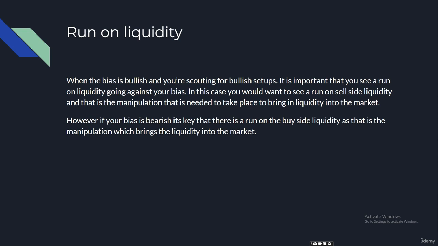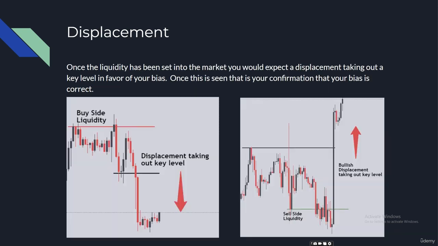That's where the traders will get trapped short, but we know that price is going higher. Once the trap has been set, we can expect price to trade according to the bias. And obviously it's opposite: if your bias is bearish, it's key to make sure there's a run on the buy side liquidity, as that's the manipulation which brings the liquidity into the marketplace.